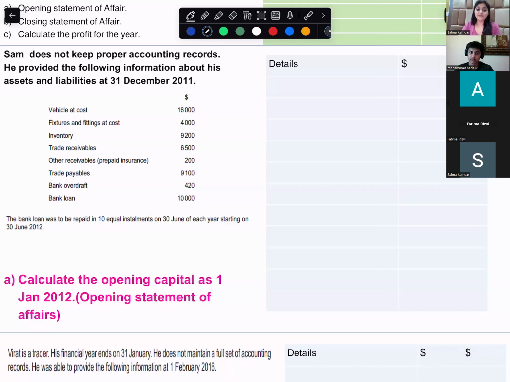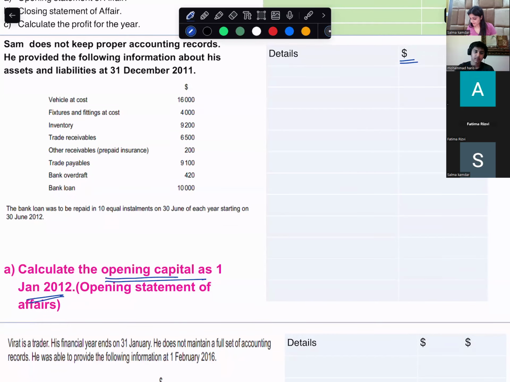Calculate the opening capital on 1st January 2012 from the opening statement of affairs. If you see this properly, you have two columns. My purpose is to find opening capital on the 1st of January 2012.